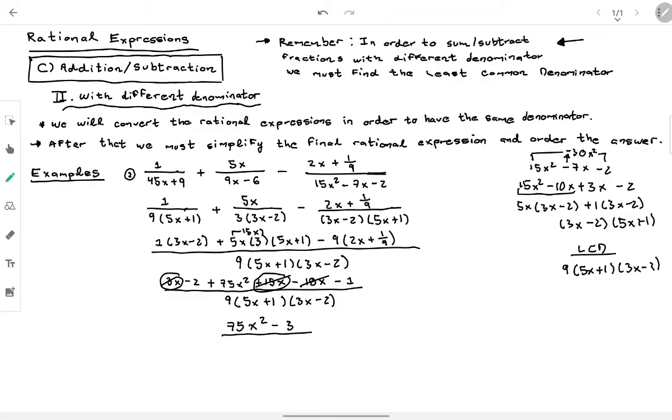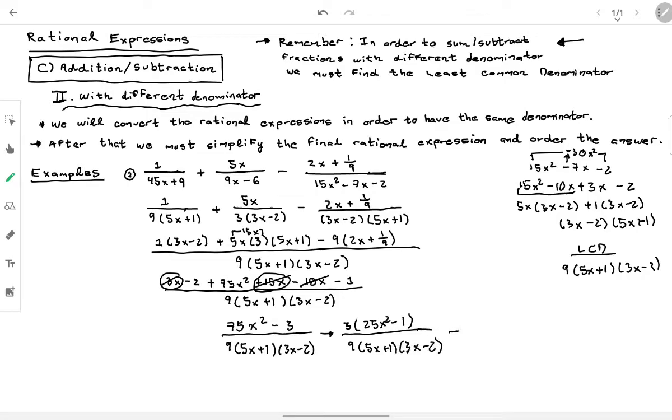All of it divided by 9 that multiplies 5x plus 1 that multiplies 3x minus 2. So here we can start taking out a 3 and it's going to be 25x squared minus 1. All of it divided by 9, 5x plus 1 that multiplies 3x minus 2.